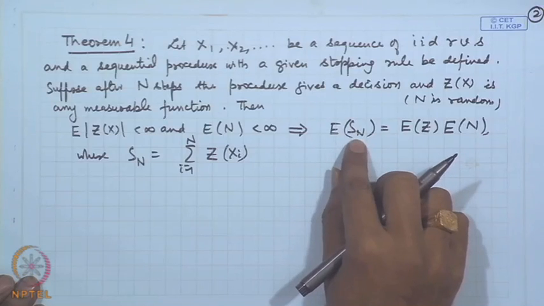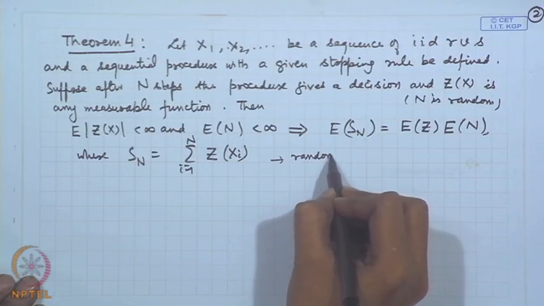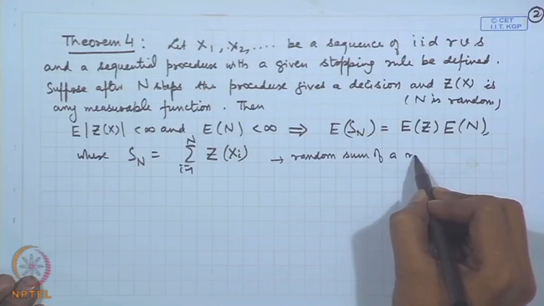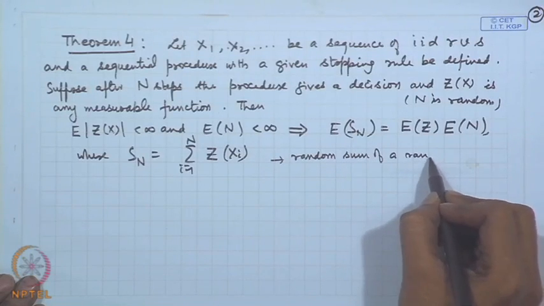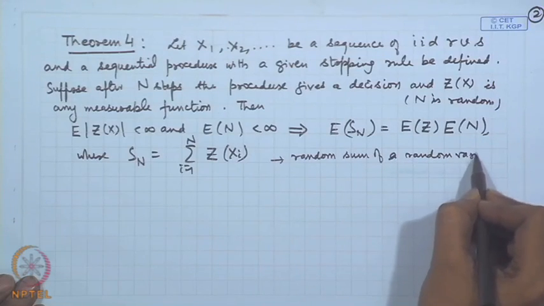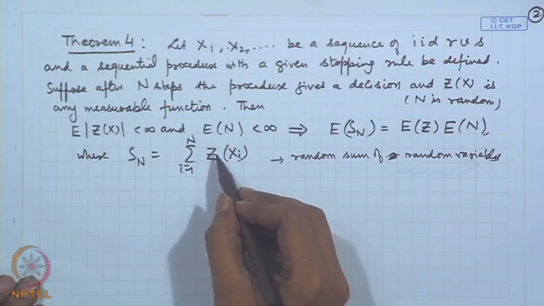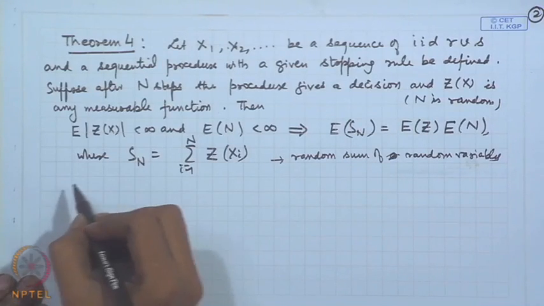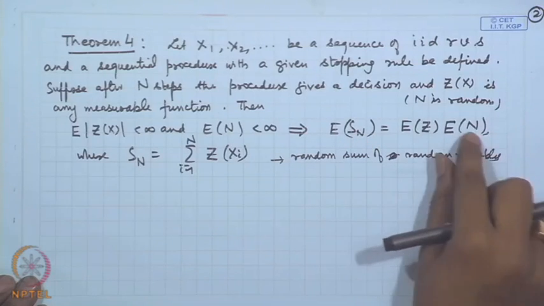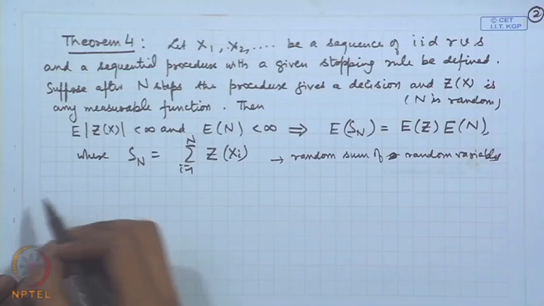So, S_N is actually a random sum of random variables, because how many terms are there is random here. This is a very useful result, because you are writing expectation of S_N as the product of expectation of Z and expectation of N.